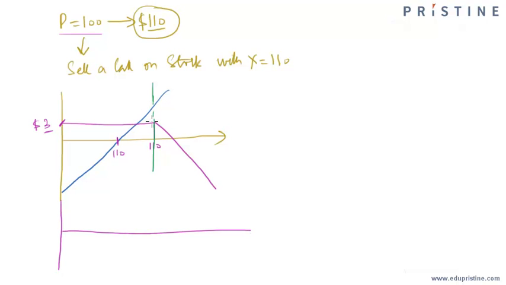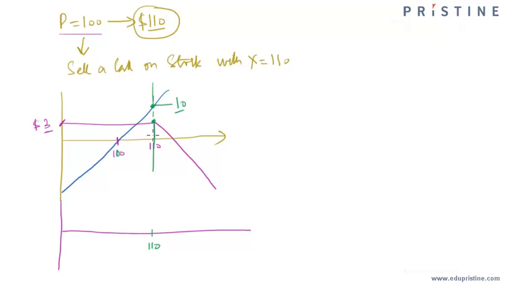So the resultant here would be an upward going line, and at 110 the resultant would be $3. So this is $3 and this is 100, and here at 110, this point would be nothing but $10.